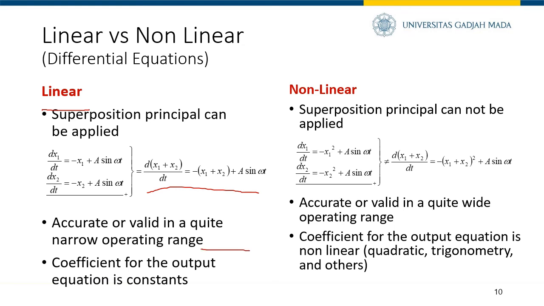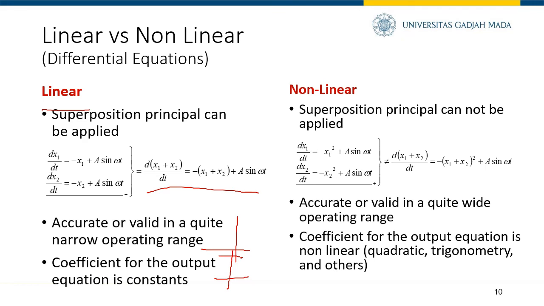So in real-world applications, the majority of natural systems are highly nonlinear. So if we want to model using an ordinary differential equation or transfer functions, we need to linearize, or we only observe in a narrow operating range. And also, usually the coefficients of the output equation are constant because it is linear.